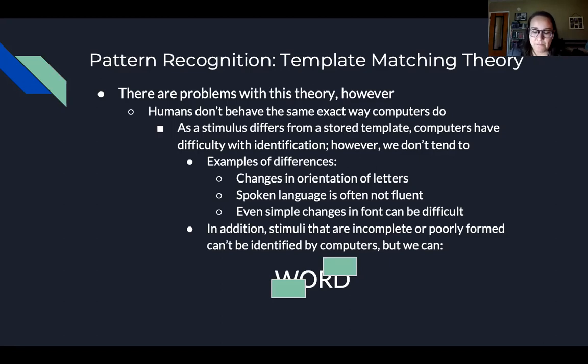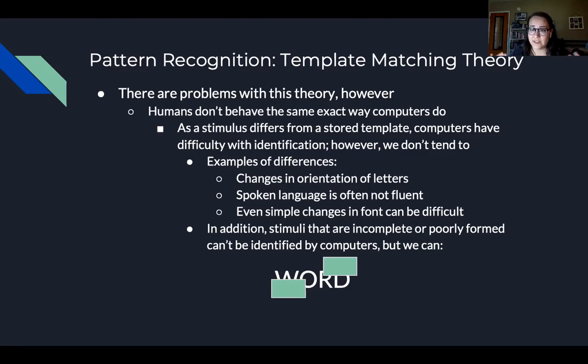Because of this, we encounter instances in the world where stimuli often look strange. They don't match up with our templates. So how is it that we're able to identify this information correctly?